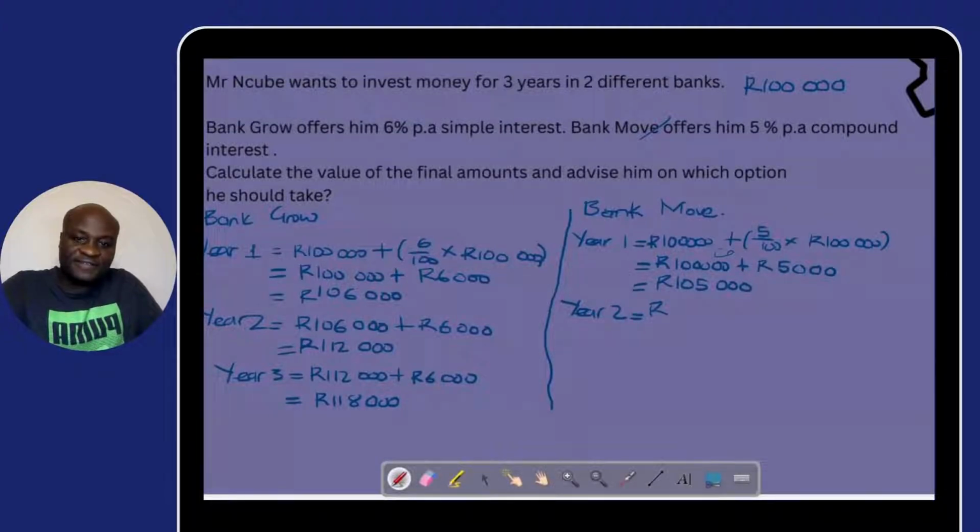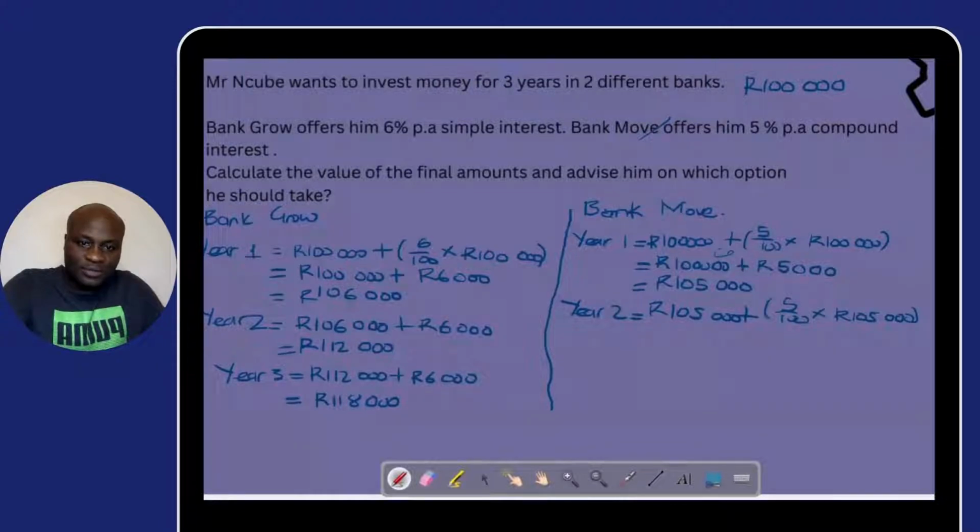It's 105,000 plus, open bracket, 5 over 100 multiplied by 105,000. Now, it's equal to 105,000 plus, what is our interest when you're dealing with 105,000?